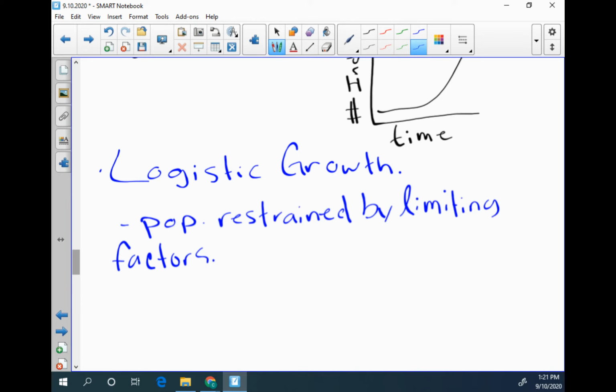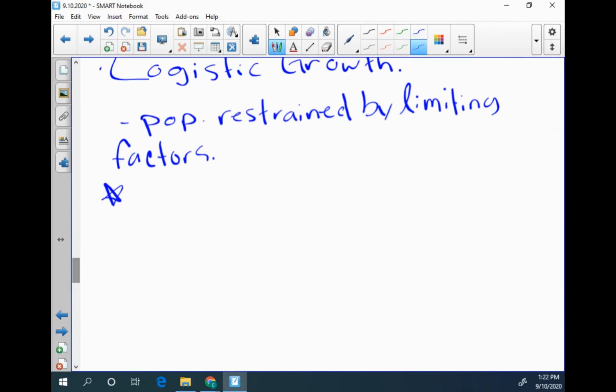A limiting factor, that's a buzzword. I would highlight that one. Underline it, put a star by it. It'll pop up a lot. Limiting factors are characteristics of environments that limit growth.